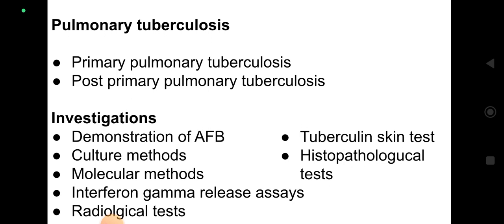Here we are discussing investigations and management of tuberculosis. In investigations, we have demonstration of AFB, culture method, molecular methods, interferon gamma release assays, radiological test, tuberculin skin test, histopathological test.